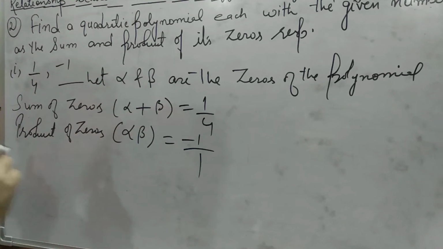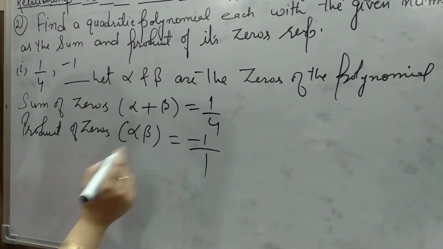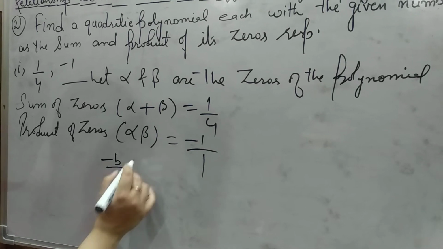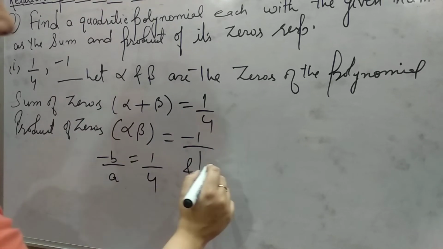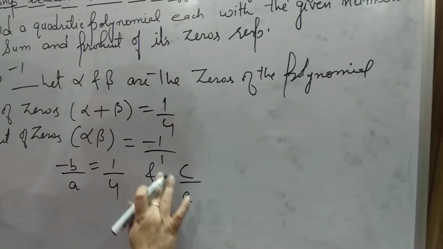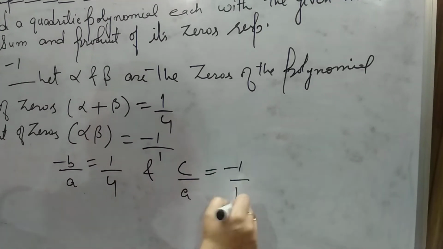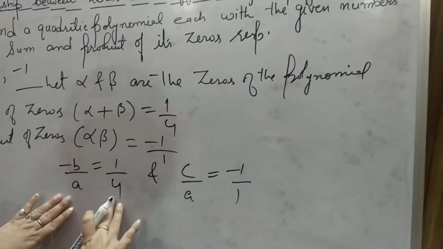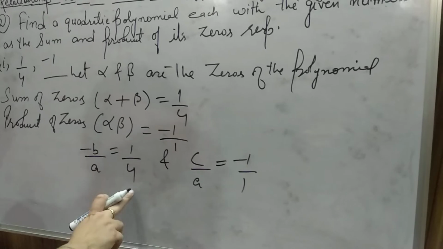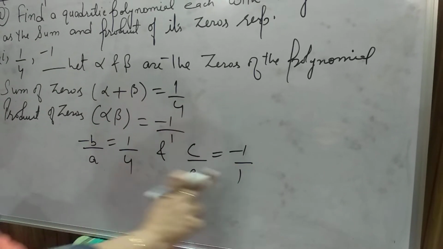Now we know from the formula that alpha plus beta means minus b upon a is equal to 1 by 4, and alpha into beta means c upon a is equal to minus 1 upon 1. First of all, we have to make the denominators equal. Here it is 4 and here it is 1.